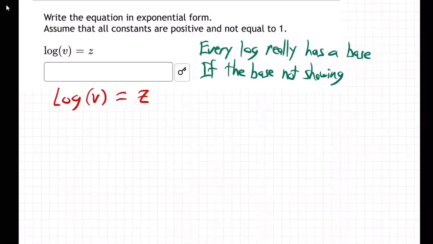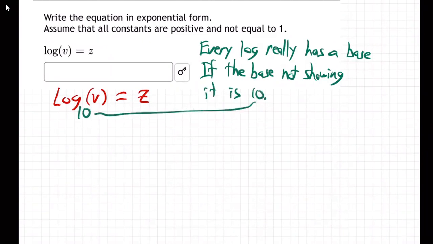If the base is not showing, then it's really 10. If the base is not showing, it is 10. So I'm just going to write in the 10 right there.